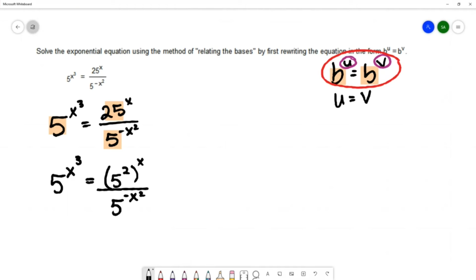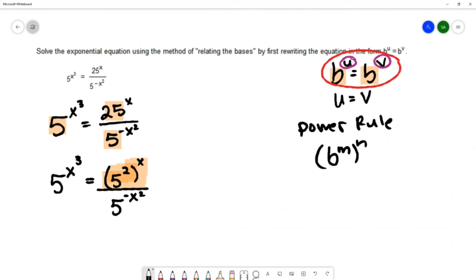Now I'm going to simplify the expression in the numerator with the power rule for exponents. The power rule gives us this property, b to the m to the n.